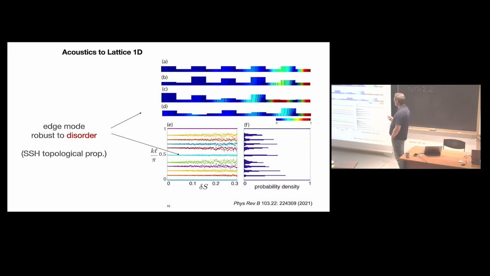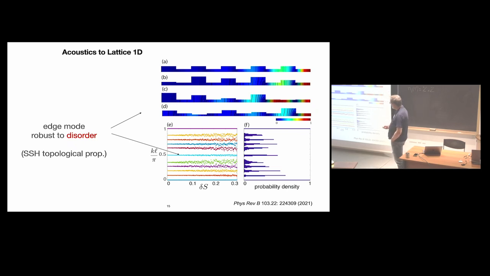About the robustness: when we look at this edge mode at zero energy, at lambda over 4, it is robust, and we have tested here how it is robust in the wave equation. You see that you put a lot of disorder in the height, in the width of each waveguide, and this edge mode is still there, stuck to this edge here.